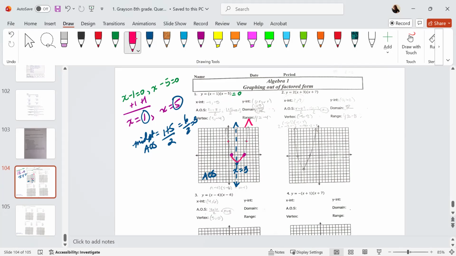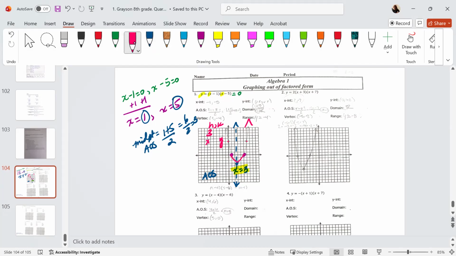And actually, before you do that, vertex is h comma k, right? 3 is your h, correct? But you don't know what your y is. Do you agree with that? So you know x equals 3. You take the x equals 3, you plug it in here and here to find y. Do you see that?